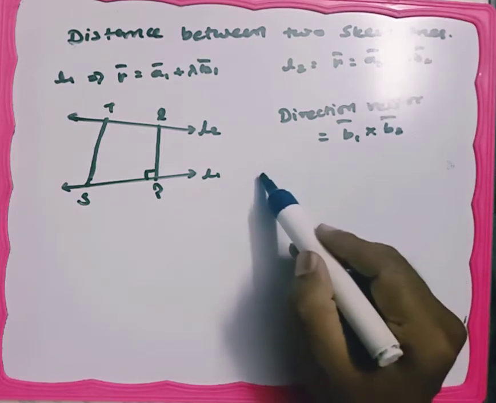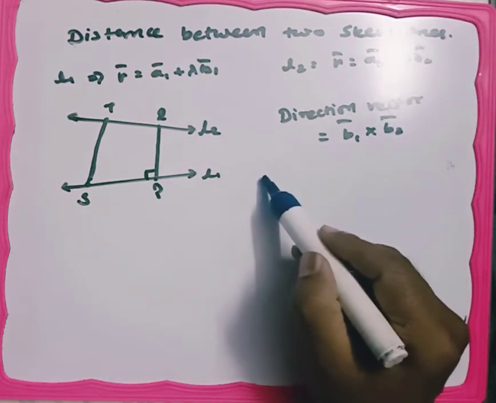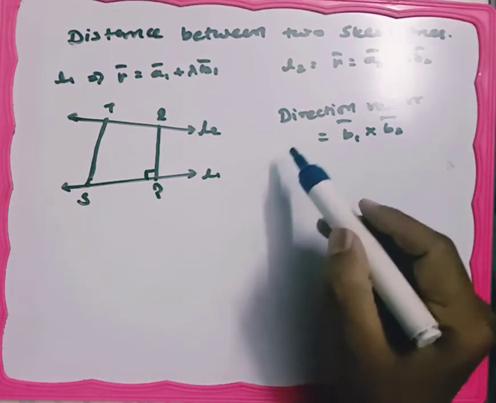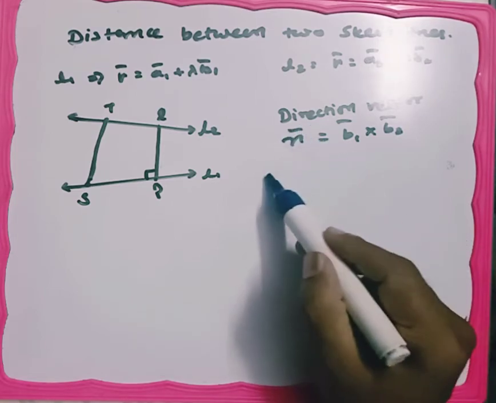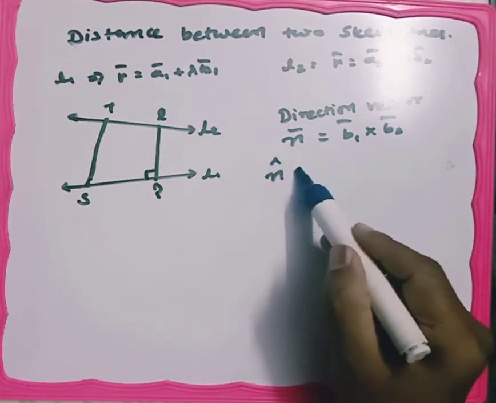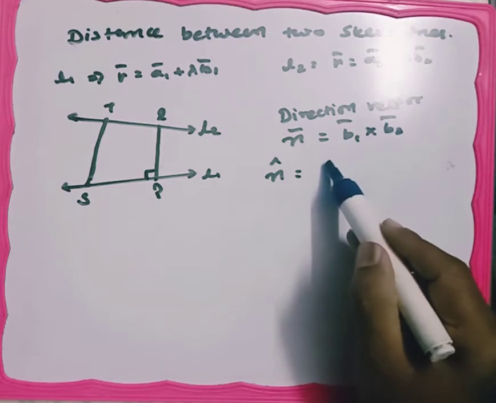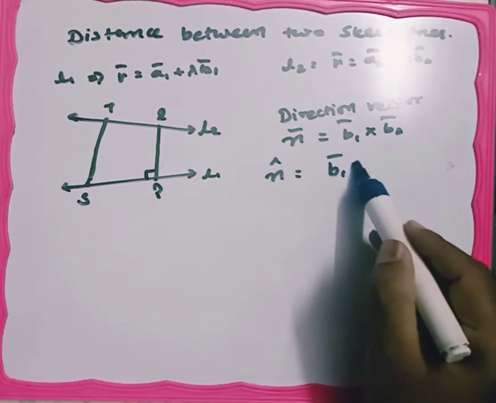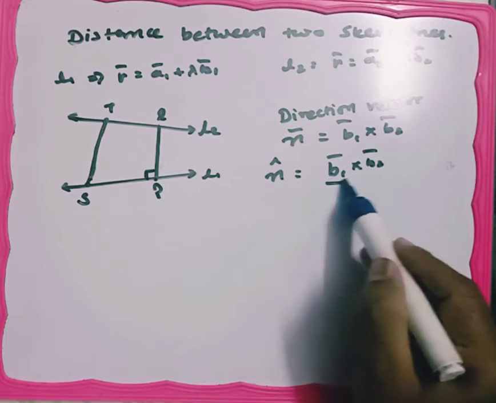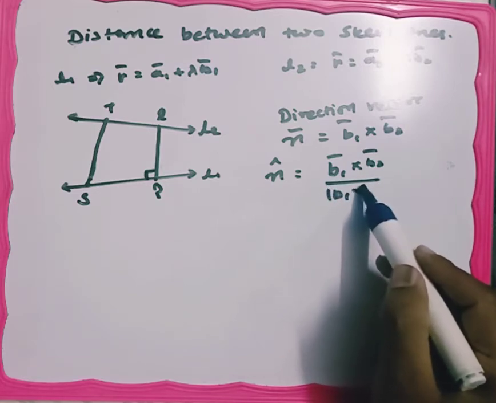The unit vector in the direction of PQ, suppose we call this vector n bar, we get by B1 cross B2 upon magnitude of B1 cross B2.